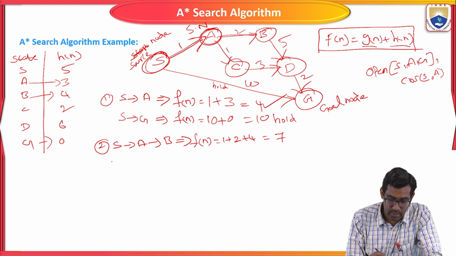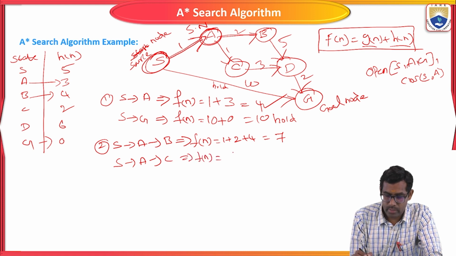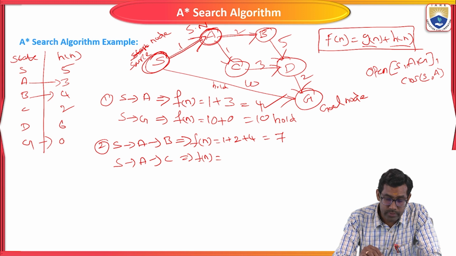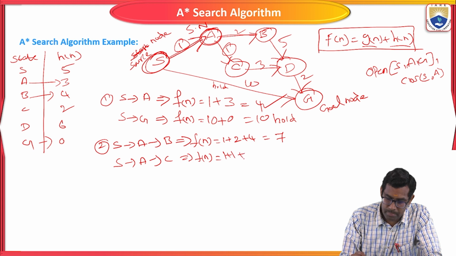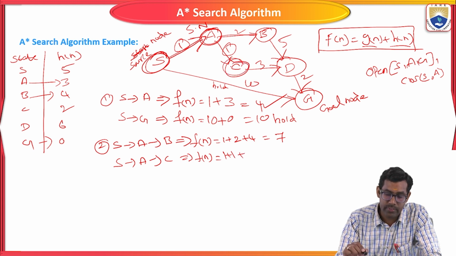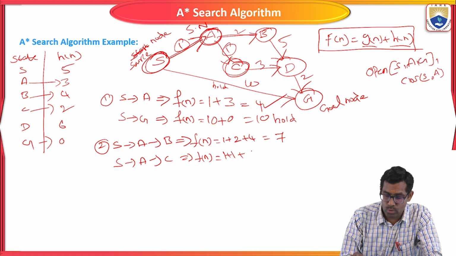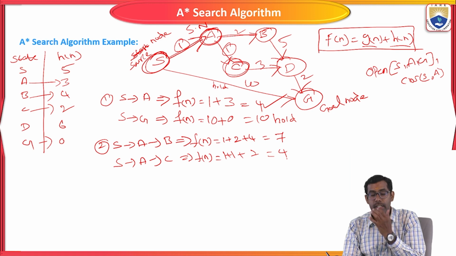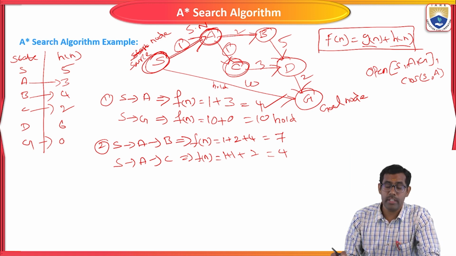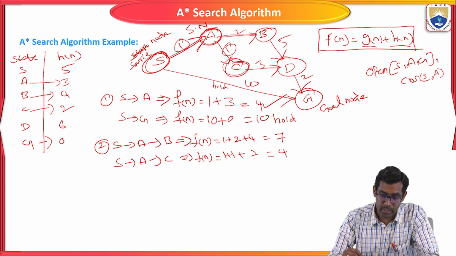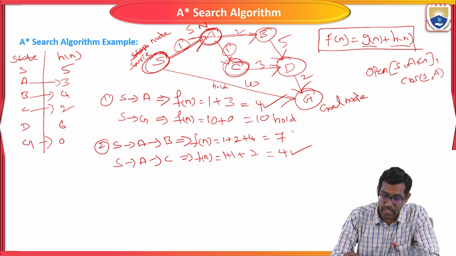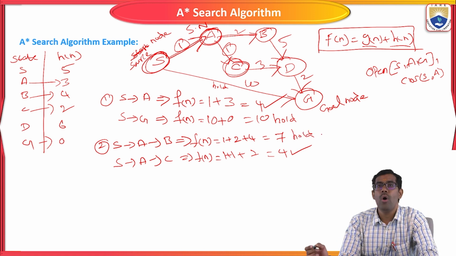The next one is S to A, A to C. The cost value is 1 plus 1, plus the heuristic function of C, which is 2. So 1 plus 1 plus 2 is 4, right? Now we have calculated for the second node, so we have to compare. This one is 4, and 4 is smaller than 7, so the 7 we should keep on hold.